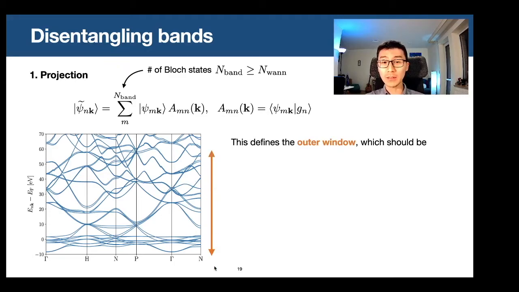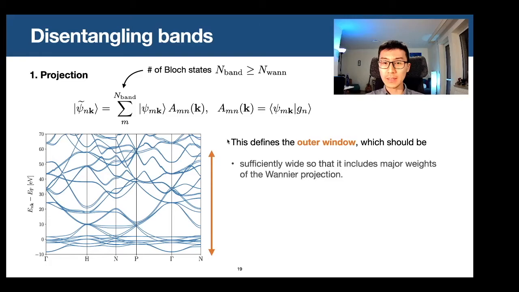The outer window is basically the energy range covered by these Bloch states, and there are some criteria that you have to think about. The first thing is that this window has to be wide enough so that it includes the major weights of the projection that you are using. For example, if you are projecting s, p, and d as the initial projection, s, p, and d character should be included in this energy window.